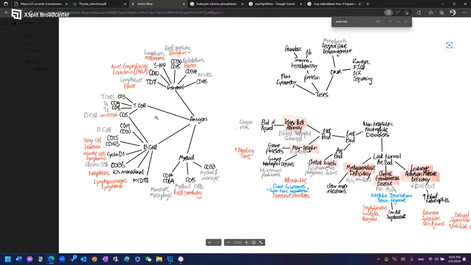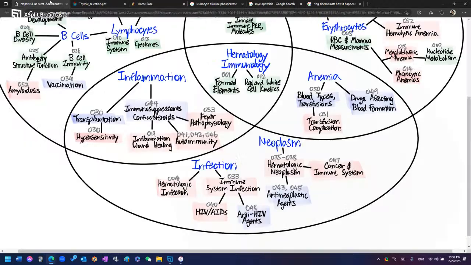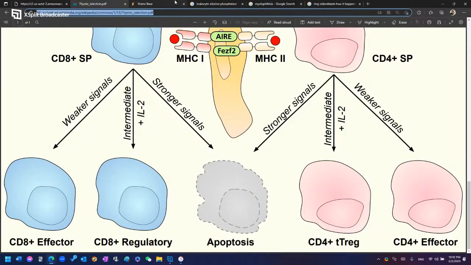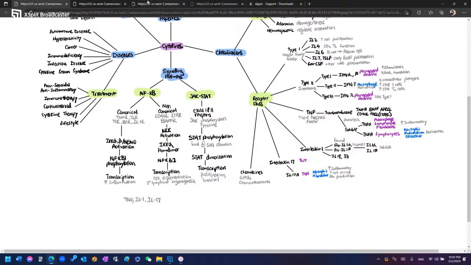We can go over this real quick as well. TDT we already know is important in forming our lymphocytes.